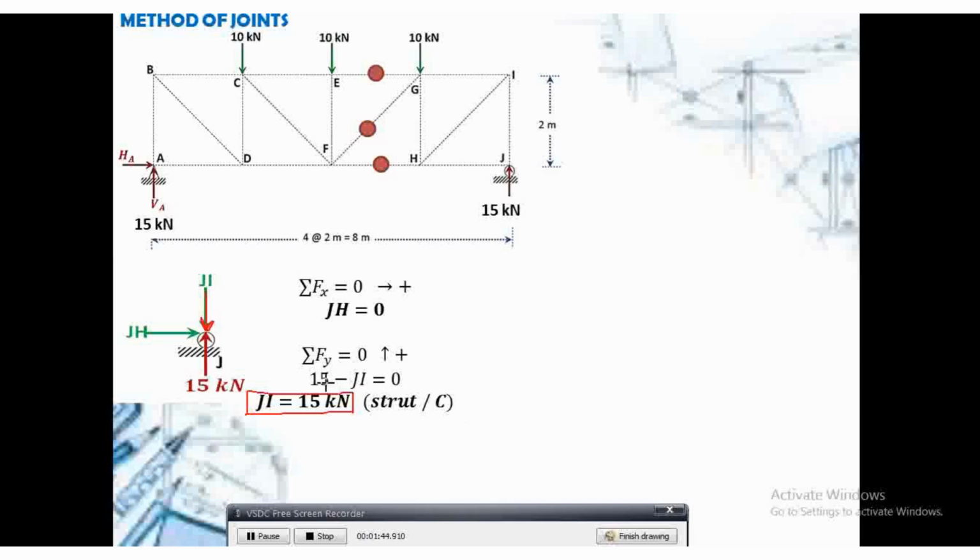Ulitin ko, lumabas sa calculations ko na si JI ay positive, ibig sabihin, yung assumption ko kanina, tama. But if this turned out to be negative, ibig sabihin, wrong yung assumption ko. You have to change that one. Since na-prove ko na si JI is towards the point J, therefore, that is a strut or a compression member.